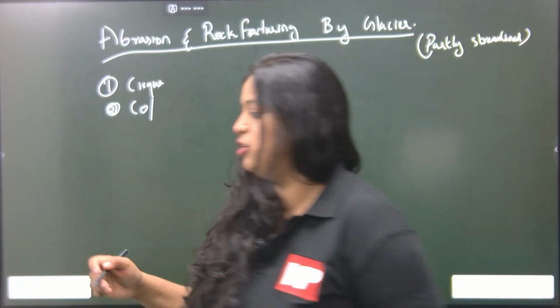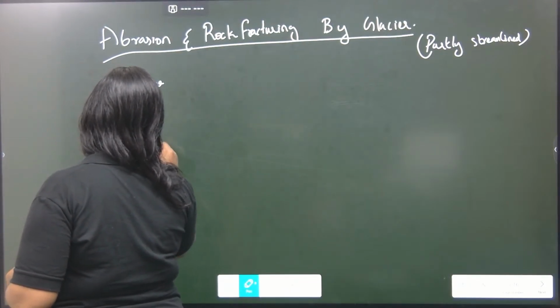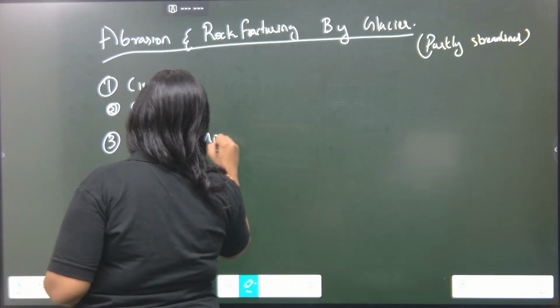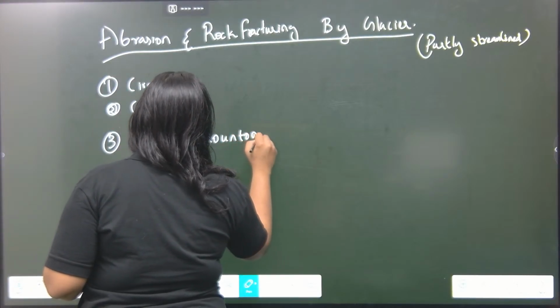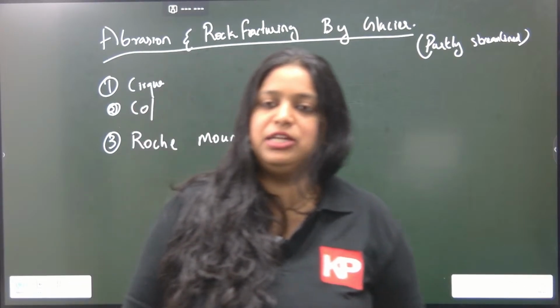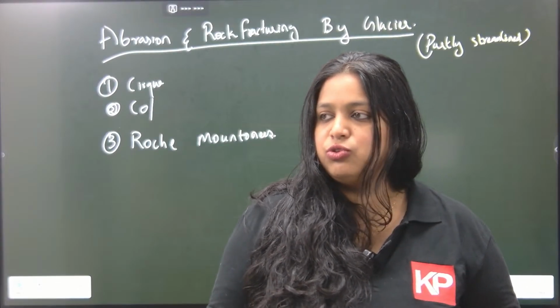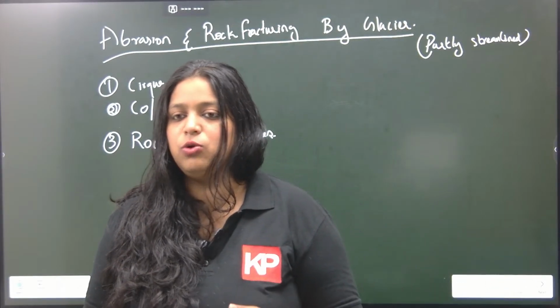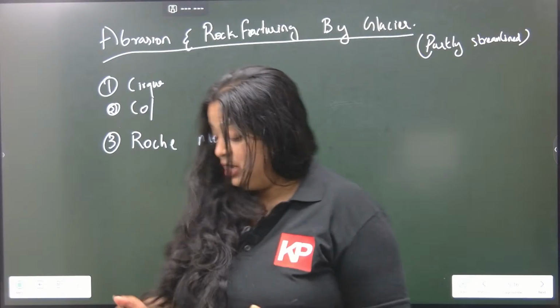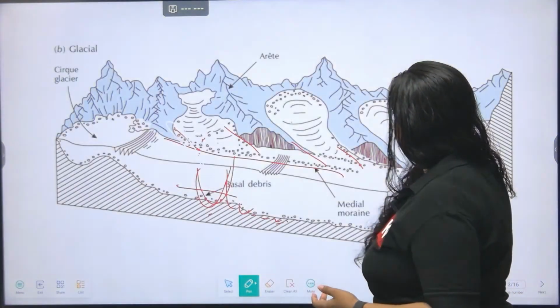The next terminology is roche moutonnées. These are also landforms associated with abrasion and fracturing. They are bedrock features.